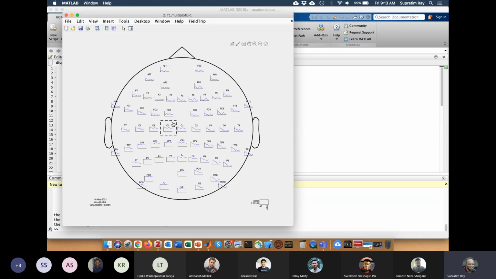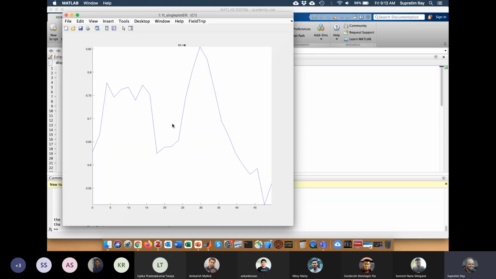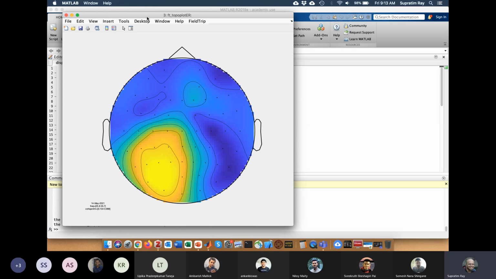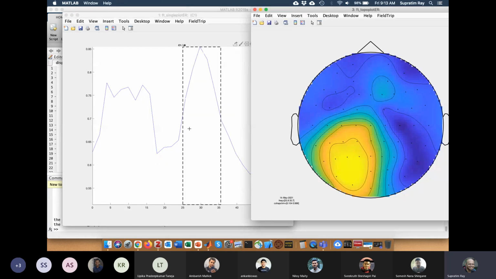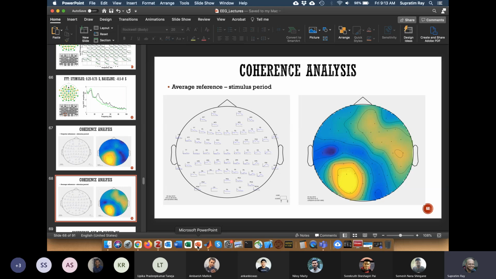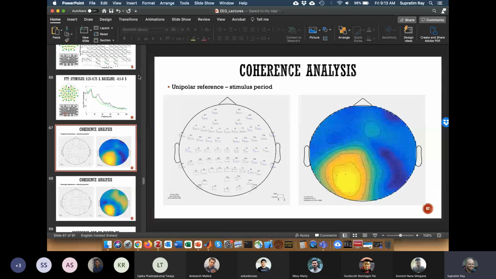This is the C1 electrode and I click on that, and then I choose between 25 to 35, and this gives the topo plot of the power between 25 and 35. This is what I was showing here. Okay, it's the same as this plot here.